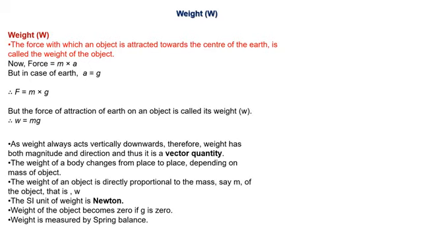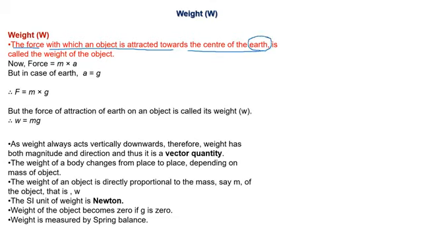Now let's see the weight of an object. What is weight? Weight is nothing but the force with which an object is attracted towards the center of the earth. So it is clear that weight depends upon the object.